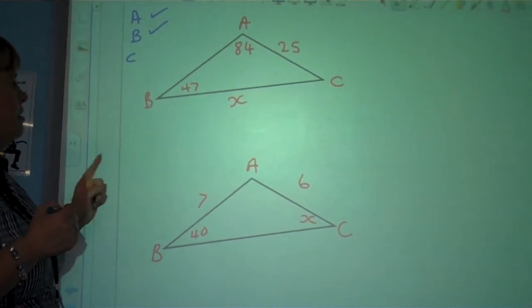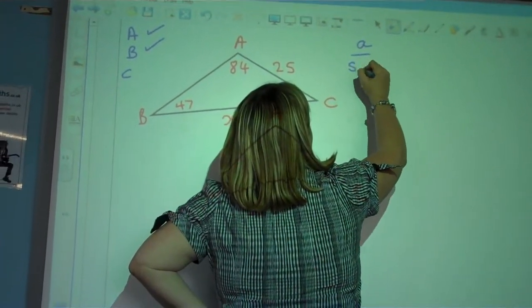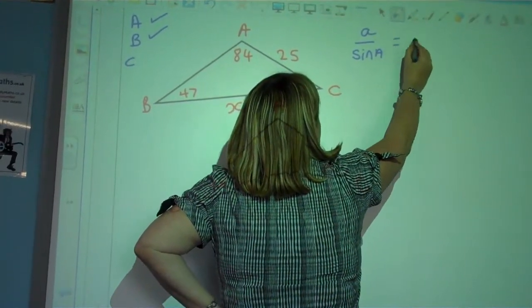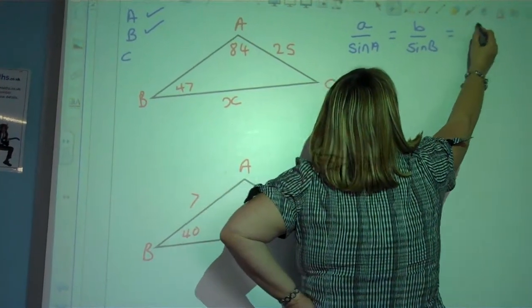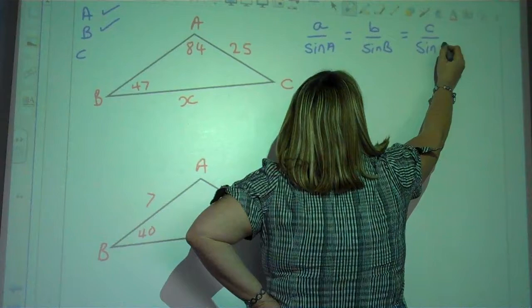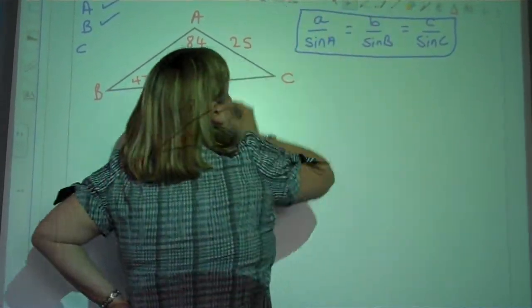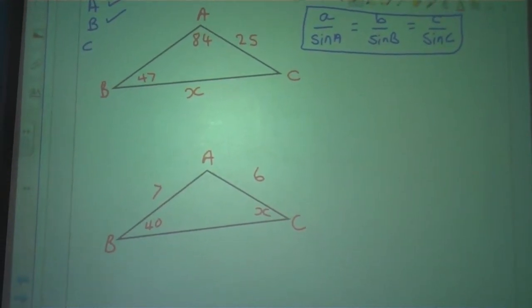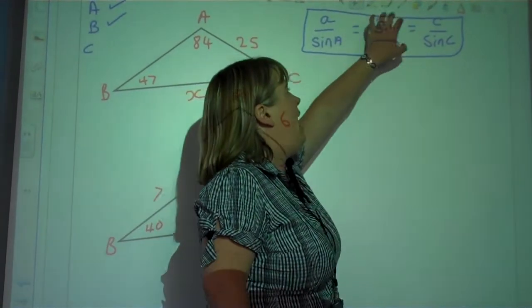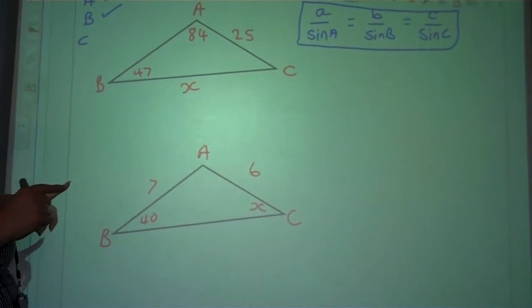So the sine rule is a over sine A equals b over sine B equals c over sine C. And you are given that fact at the front of the paper. So you choose whichever two pairs out of there you've got and make them equal to each other.